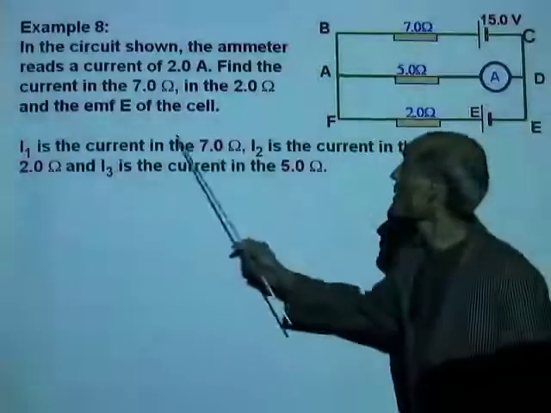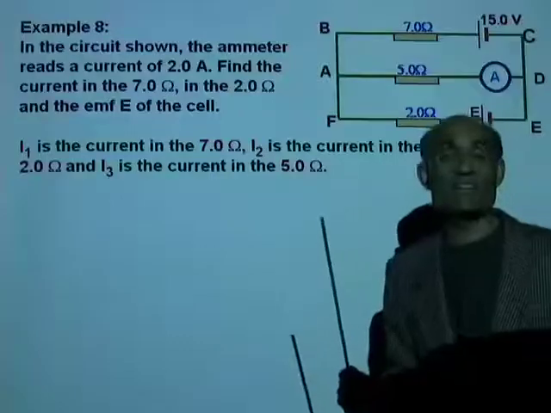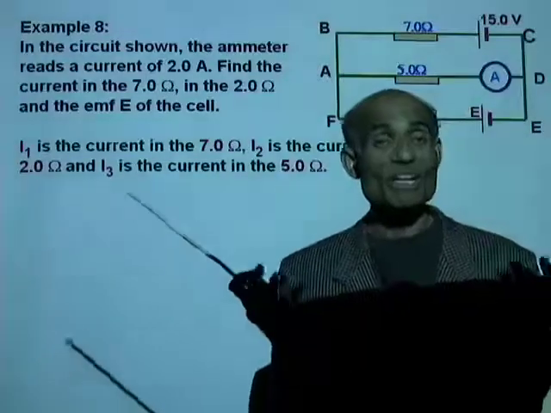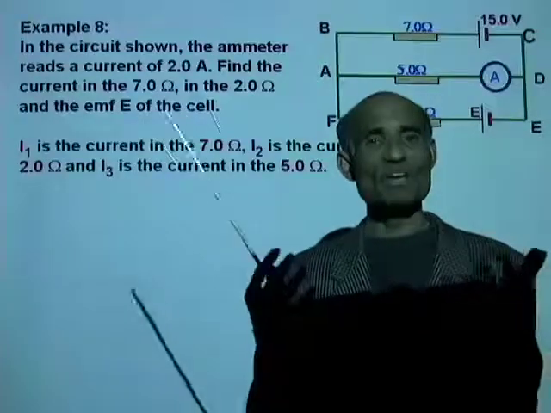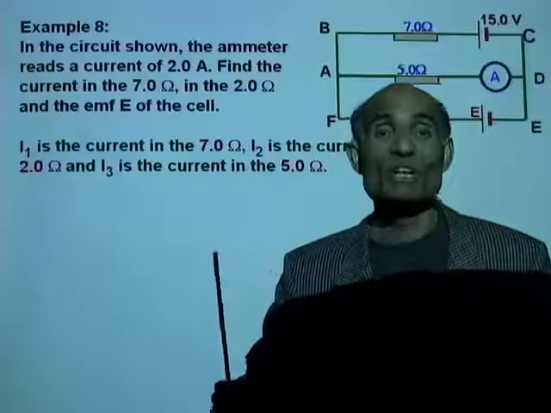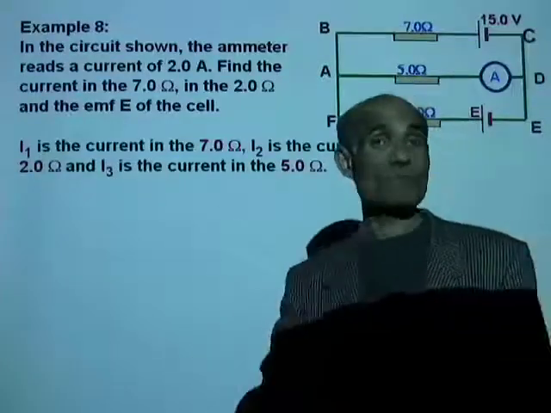Now, I1 is the current. Now, you can actually assign the direction of current in any arbitrary direction. It really doesn't make any difference. The method of the problem will correct you if a current that you assigned is in the wrong direction. Okay, so don't worry about that.